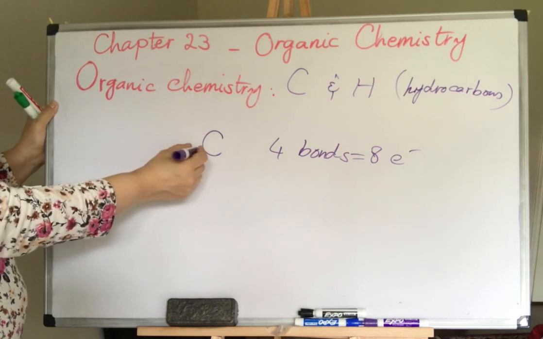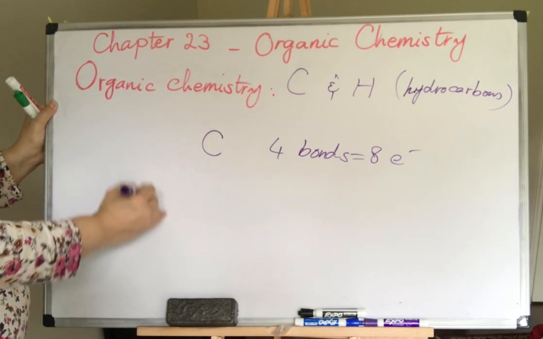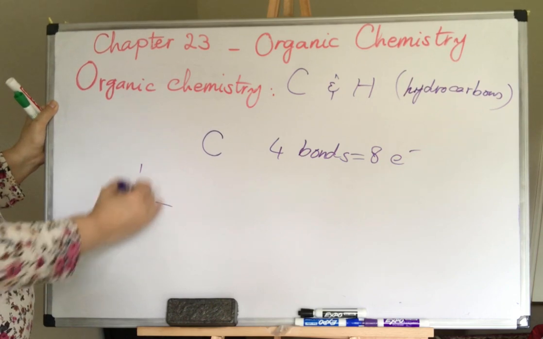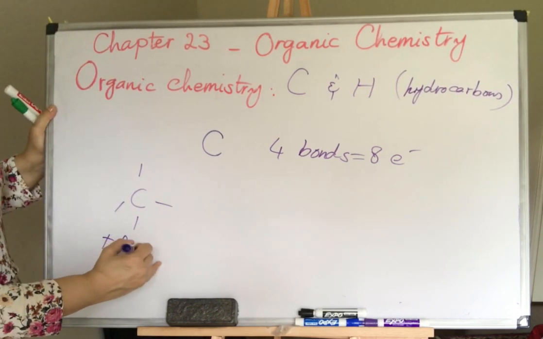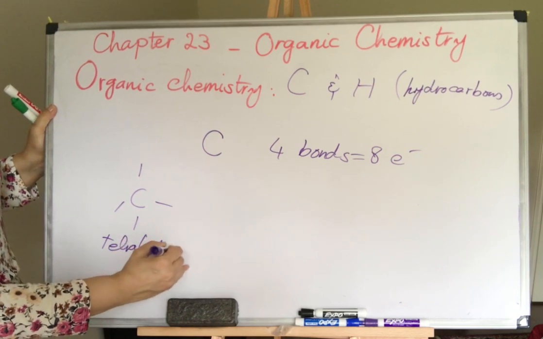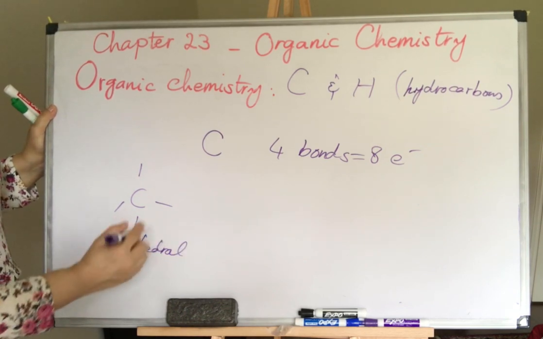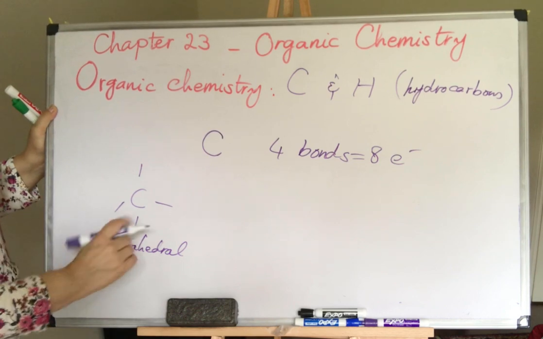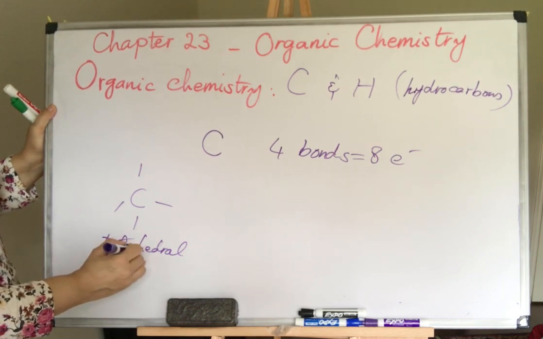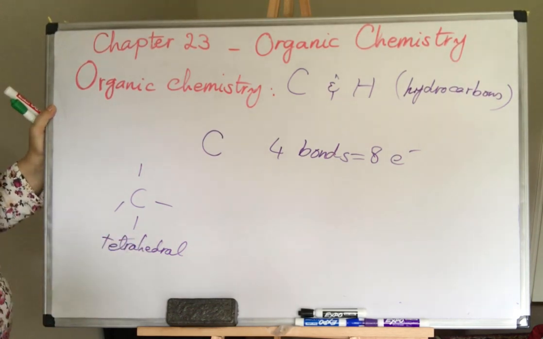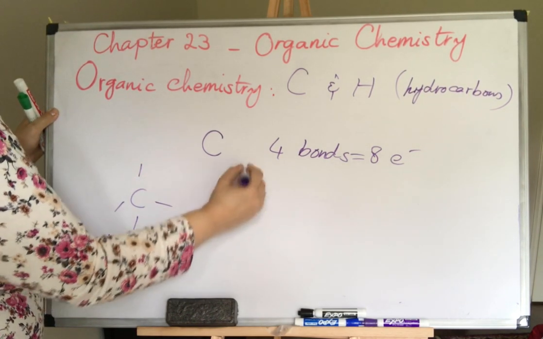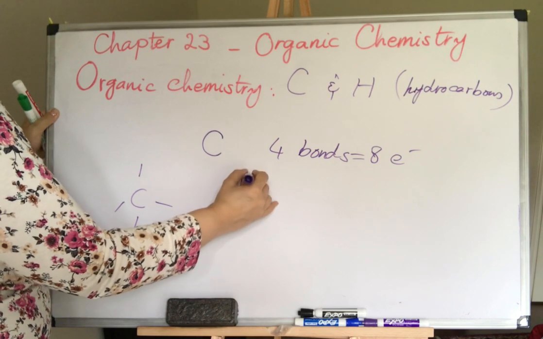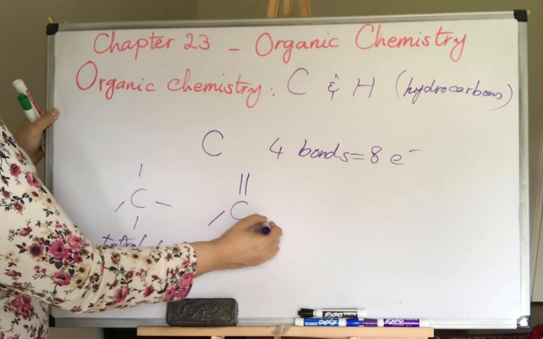Now, the options that you have for 4 bonds, you can have 4 single bonds, which gives you a tetrahedral structure. If all the bonds around carbon are single bonds, you will have a tetrahedral structure. You can also arrange these 4 bonds as 1 double bond and 2 single bonds.